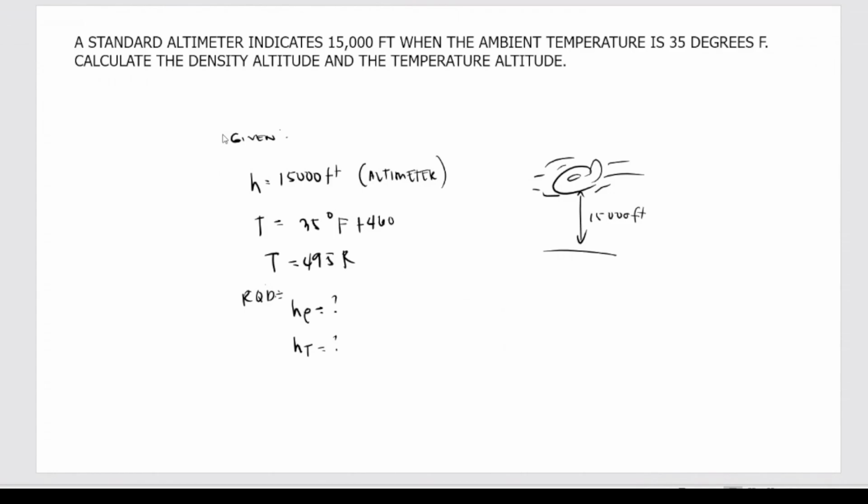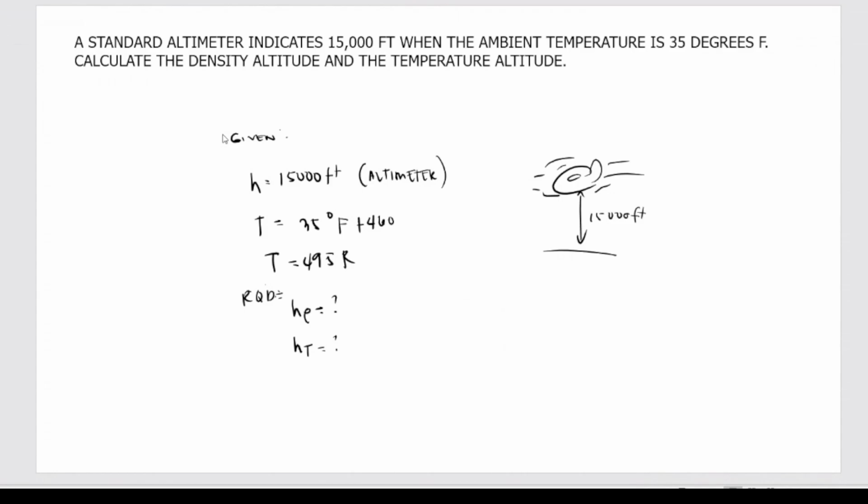So, pwede sila na magkaiba-iba ng value when it comes to numerical, para malaman natin kung ano yung reading ng density altitude and temperature altitude compared dun sa altimeter na kung saan ang measure lang is pressure altitude.